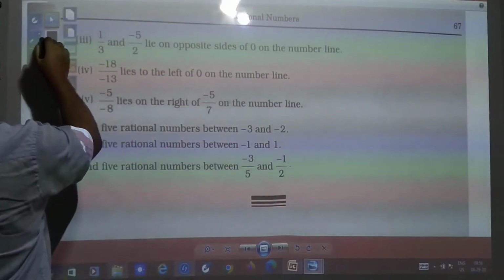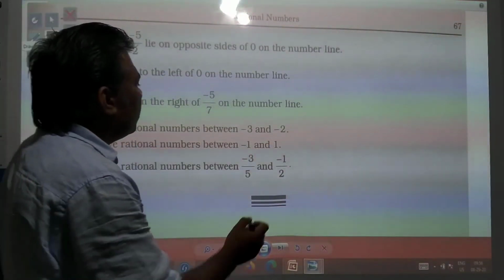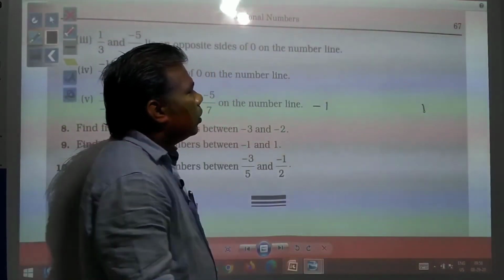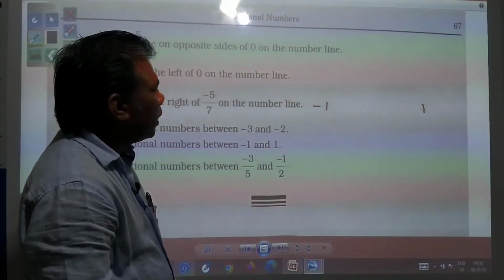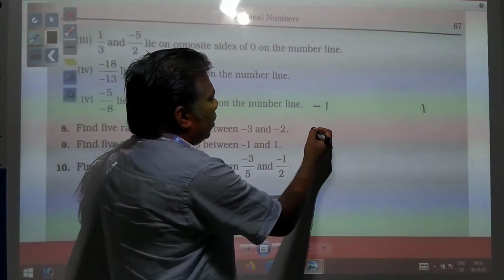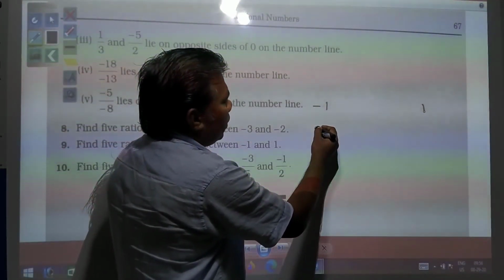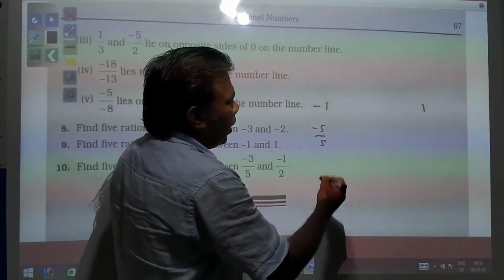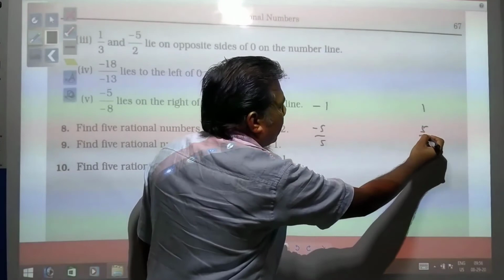Next you see, find 5 rational numbers between minus 1 and 1. The same thing is required to be done. 5 rational numbers in between minus 1 and 1 you need to find out. So minus 1 can be written, again suppose any number you write, as minus 5 by 5 and 1 as 5 by 5.